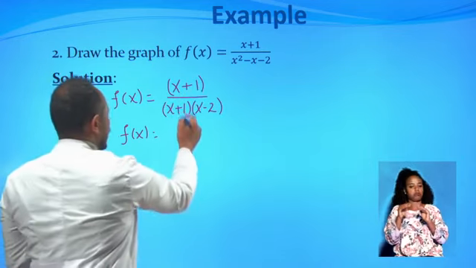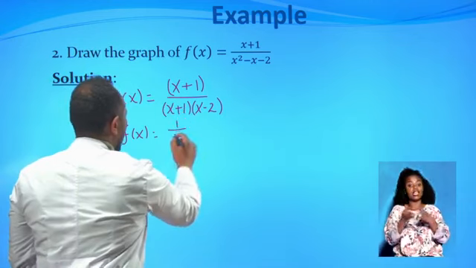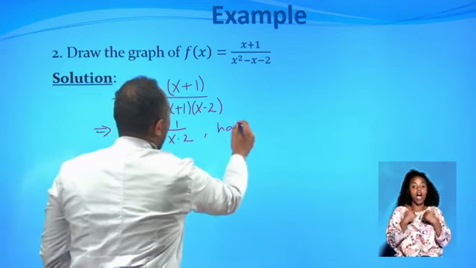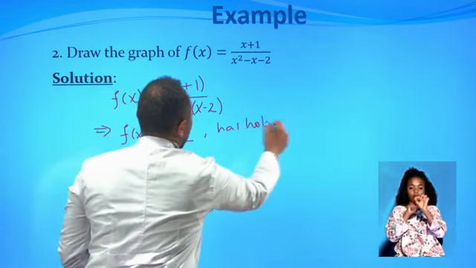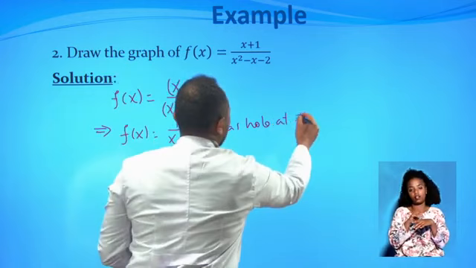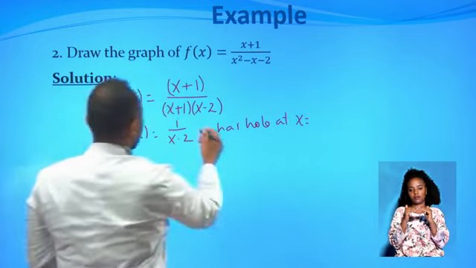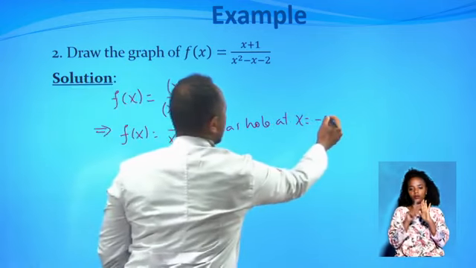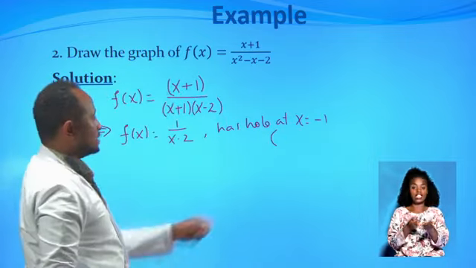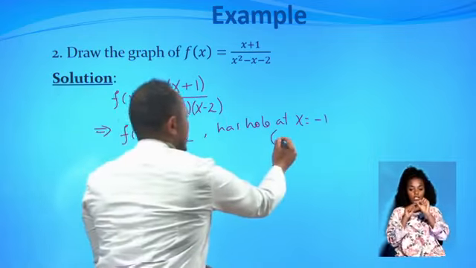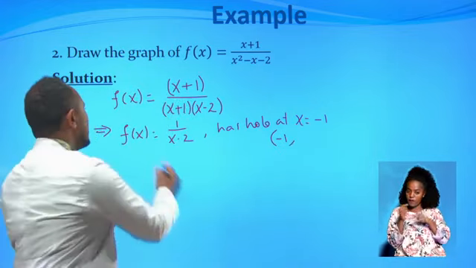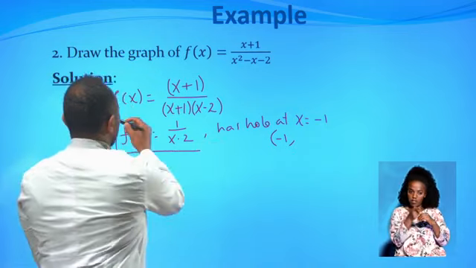The expression will be 1 over x minus 2 and has a hole at x equals negative 1, which means it has a hole at which point?